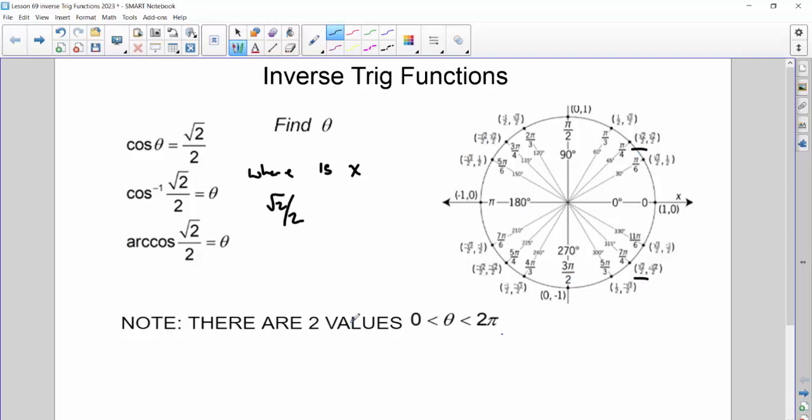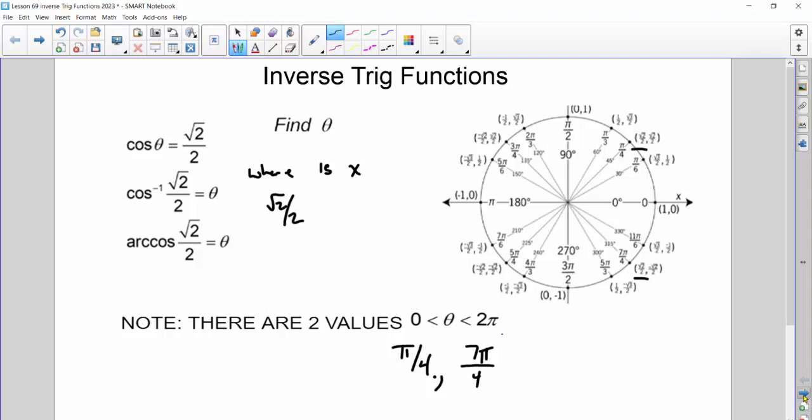So in theory there are going to be two values where x is root 2 over 2, and that in this case is pi over 4 and 7 pi over 4. And that would be my answer for a problem like this as far as you know to this point, if we were in terms of 0 to 2 pi.